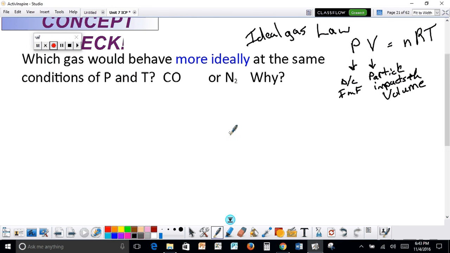All right, so when we're looking at this one, which one of these two molecules will behave more ideally?